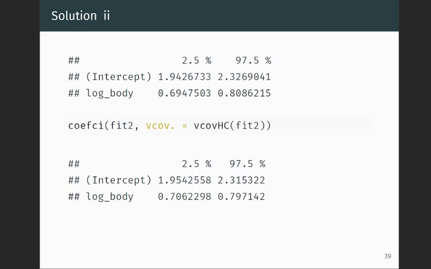It turns out that in those examples, even though we saw some evidence of heteroscedasticity for the first data set, heteroscedasticity is not a big issue. So even when we use robust confidence intervals, the output is quite similar. But of course, on other data sets, you could see a different behavior.